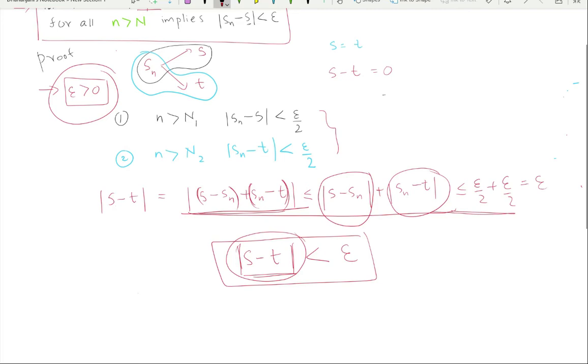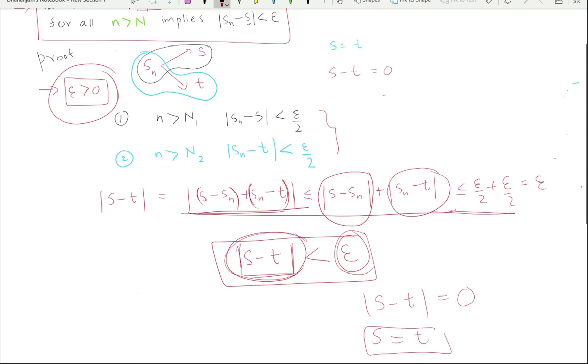Distance should be either 0 or greater than 0. And epsilon is any arbitrary positive number, which means 0 is not included. So if the distance is less than every number greater than 0, the only option left is that S minus T is 0. Think about it carefully. So that means S is equal to T.